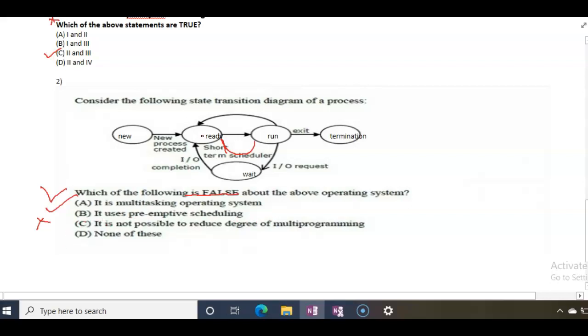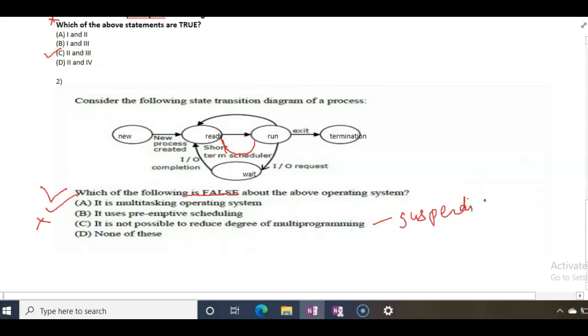Actually, the degree of multi-programming depends on how many processes are there in ready state. It is possible to reduce the degree of multi-programming if you can send the process from ready to suspension state.